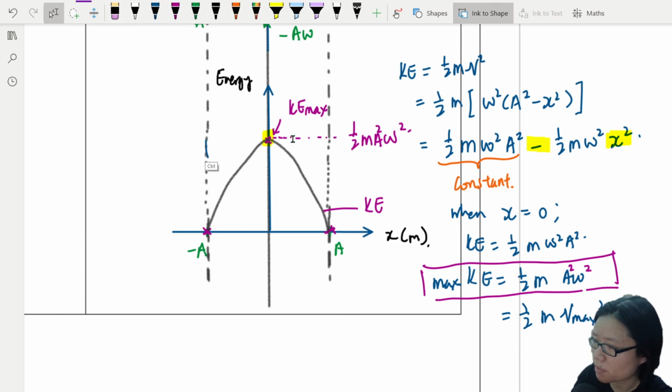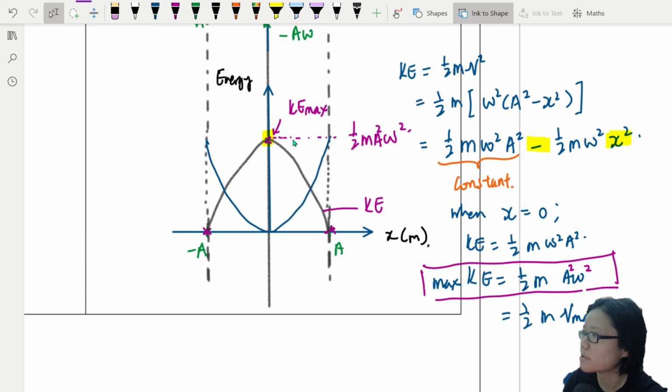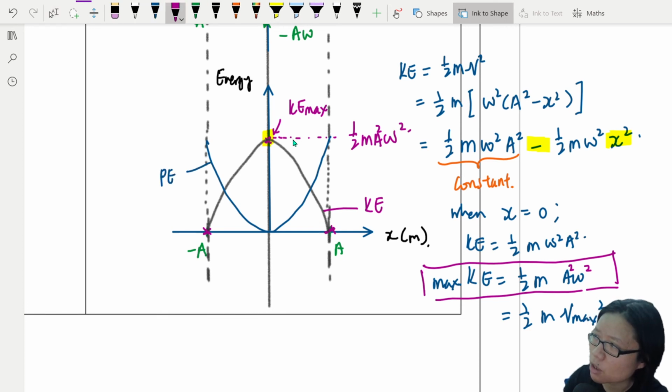PE will drop something like this, and then increase in the opposite direction like this. So this is PE. Teacher, the maximum value is the same. Yeah lah, conservation of energy, my friend.